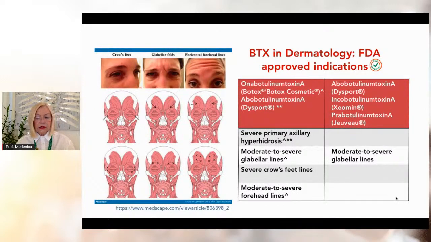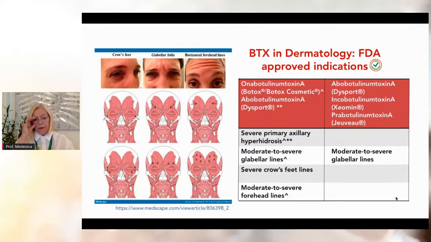Botulinum toxin is approved in dermatology. Actually, botulinum toxin, which we can inject intramuscularly, has a long history of therapeutic application in aesthetic medicine and axillary hyperhidrosis also. Botulinum toxin A, meaning Cosmetic Allergan, is the first and only neurotoxin indicated for 3 facial treatment areas in the US.